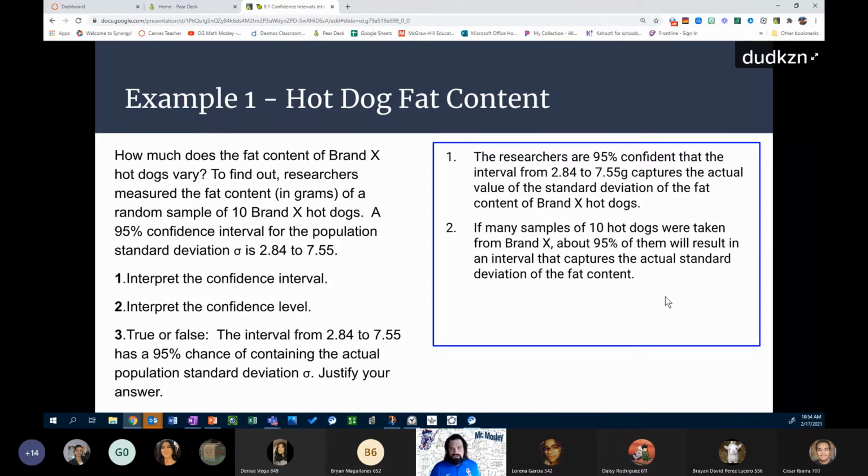In this case, it's the standard deviation. So I'm not saying that there's a 95% chance of my standard deviation being in the interval. I'm saying that 95% of the intervals will have the standard deviation within them. It's a totally different statement.